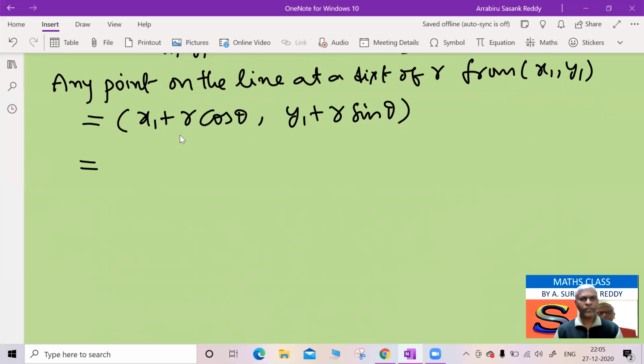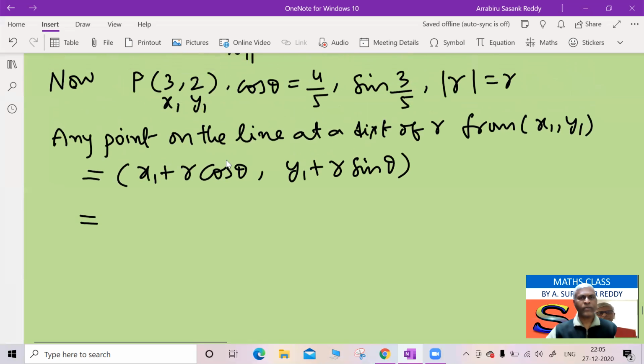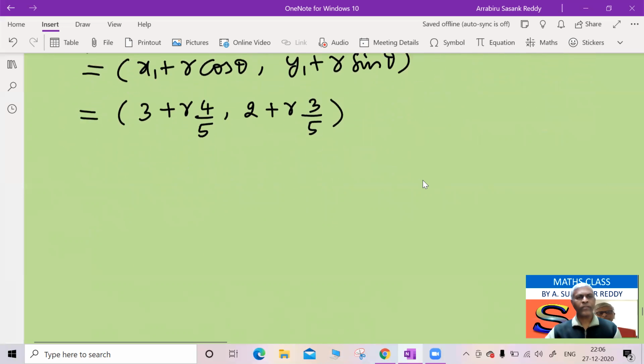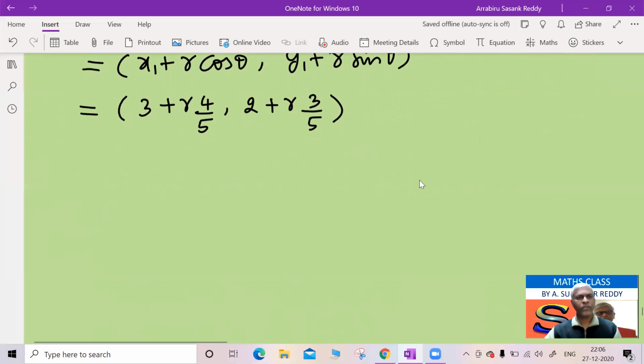So substituting, x1 is 3, cos theta 4 by 5, and y1 is 2, sin theta 3 by 5. So this is the point on the line at a distance of r units from the given point 3, 2.